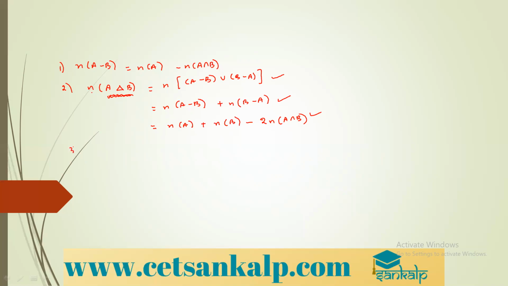The third property is the number of elements in the set A complement intersection B complement will be the number of elements in the set A union B complement.